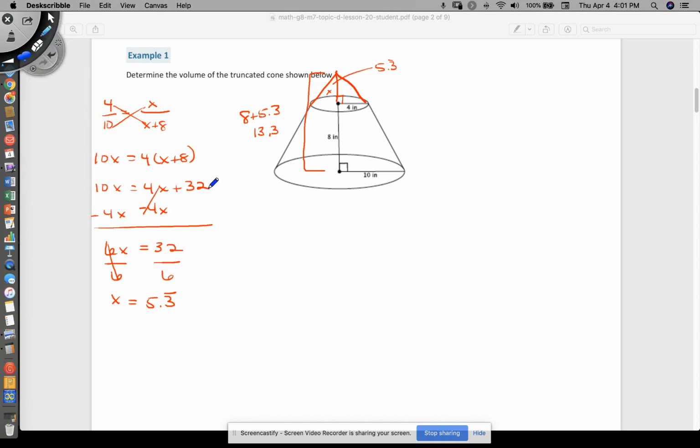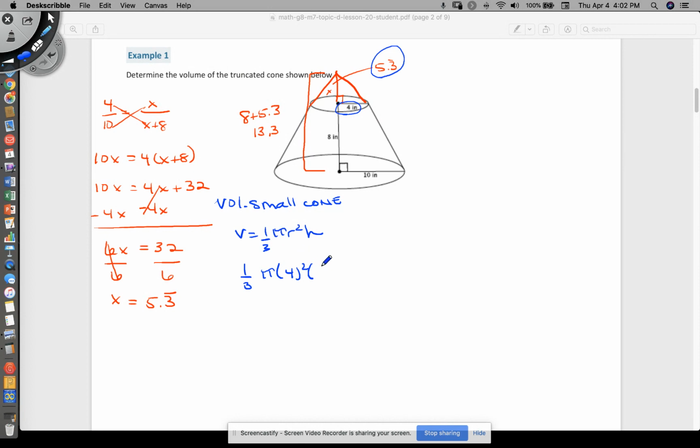Here we go. I'm going to say volume of the small cone. That's V equals 1/3 pi r squared h, using the formula that we discovered in the last lesson. So 1/3 pi. My radius here is 4 because we're talking about the small one. So this is my radius, 4 squared. And my height, I just found it.